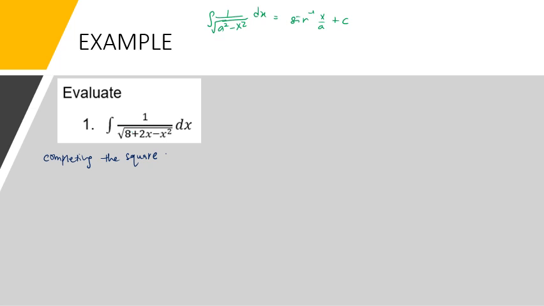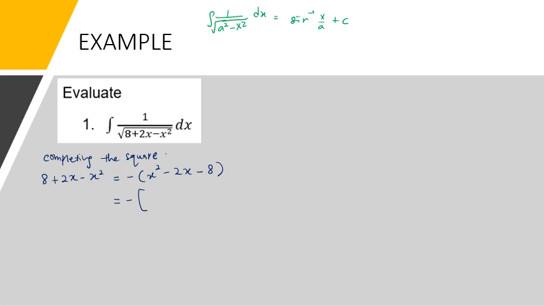Okay, so saya ambil yang dalam tu je. So 8 plus 2x minus x square. Sama dengan, saya rearrange balik biar jadi x square kat depan. Minus x square minus 2x minus 8. Ni saya rearrange. Lepas tu saya nak guna completing the square untuk yang dalam bracket. Negatif tu biar je.